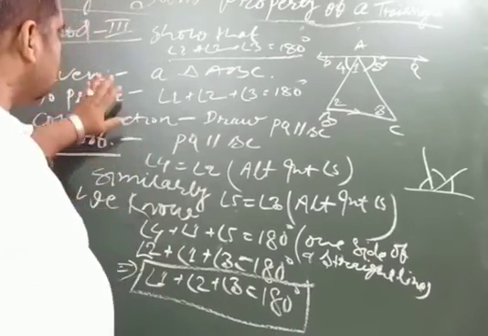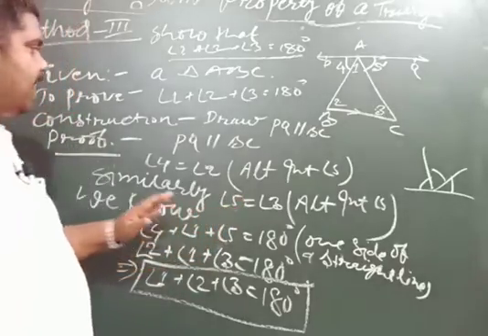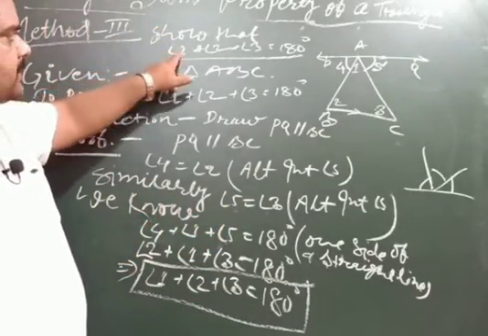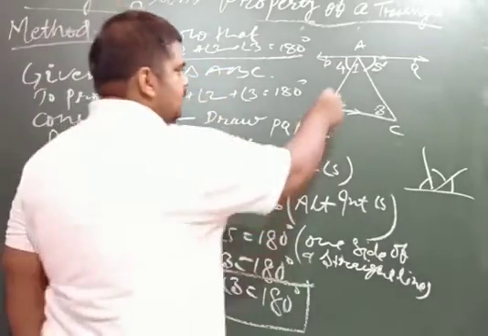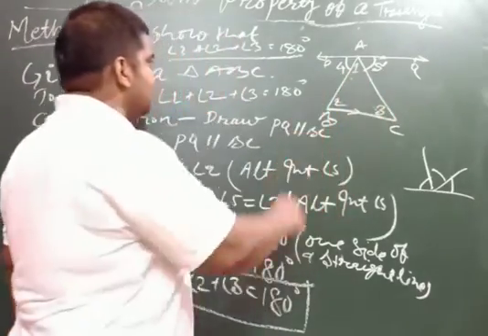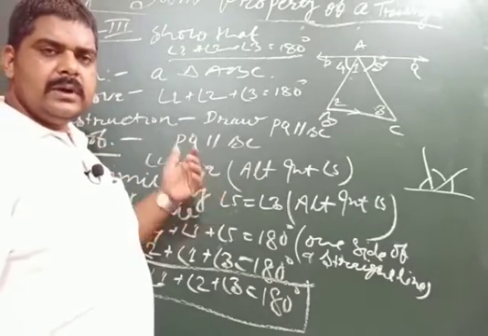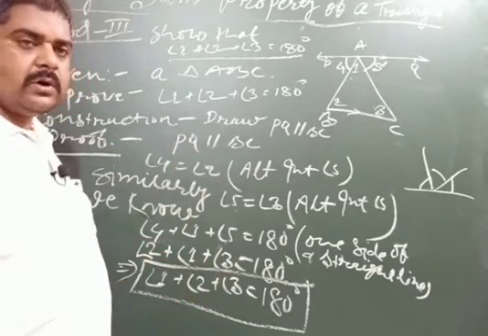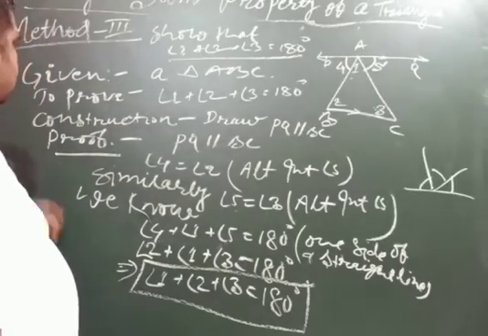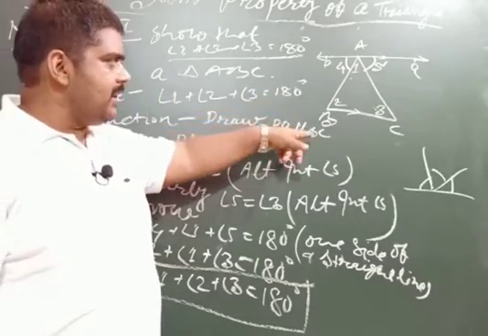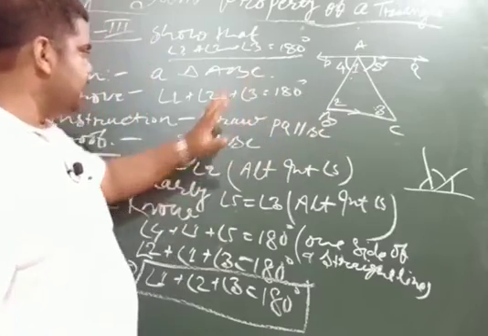In this method you have to prove that the sum of all angles of a triangle 1, 2, 3 is equal to 180 degrees, and there is a rule to solve such types of theorems or properties. At first you start with the given: a triangle ABC has been given.